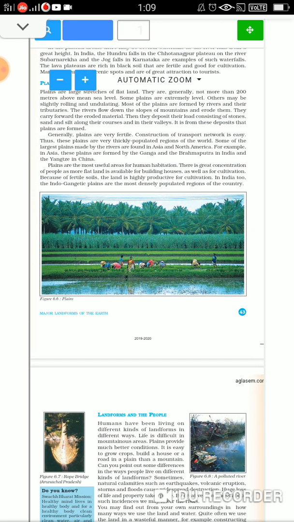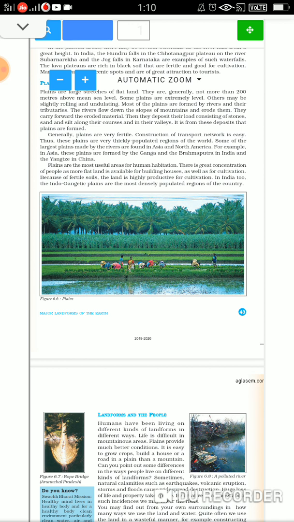Fine. Because of this, they are so fertile. Plains are very much fertile. Construction of a transport network is easy there. Plains have the thickly populated regions of the world. Most of the people live in the plain areas.